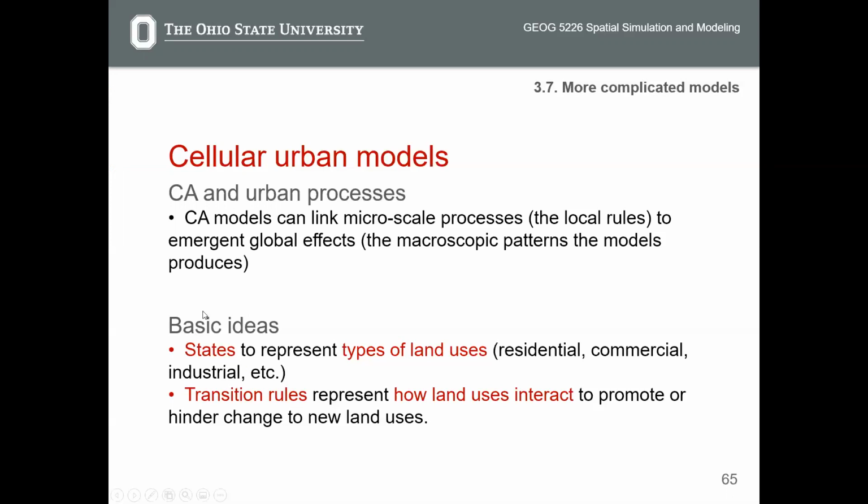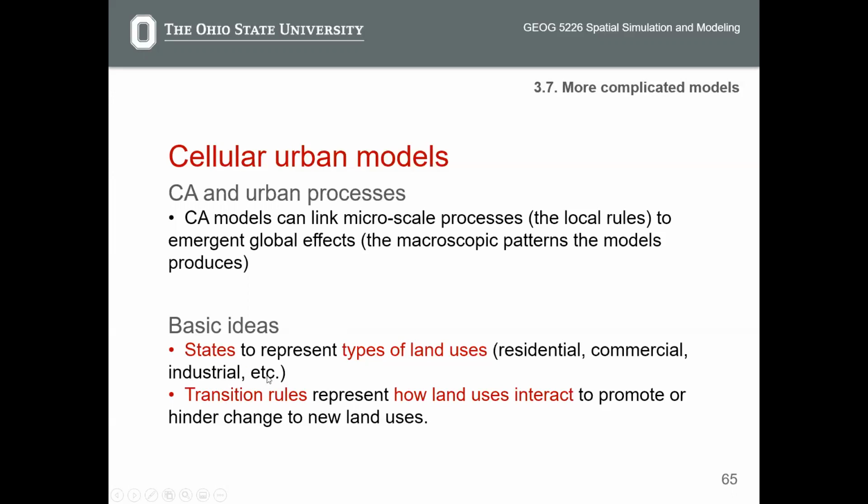And we can give different states different meanings. States can be used to address types of land use: residential, commercial, industrial, and so on. This is for the scenario where you use each cell for a specific area in the real world. Of course, you can also use states to represent different types of people or individuals at the individual level, and we have different types of transition rules.